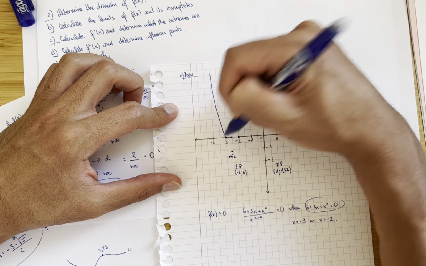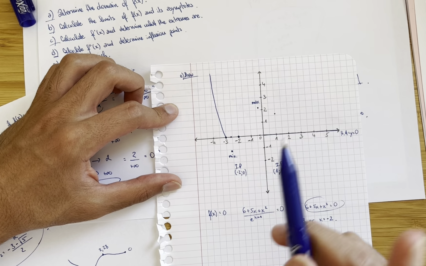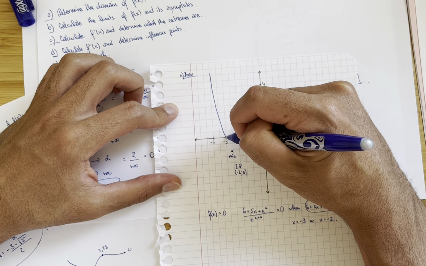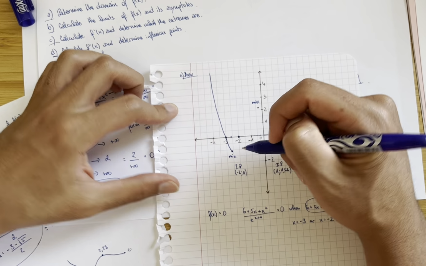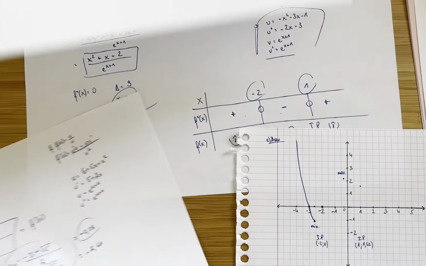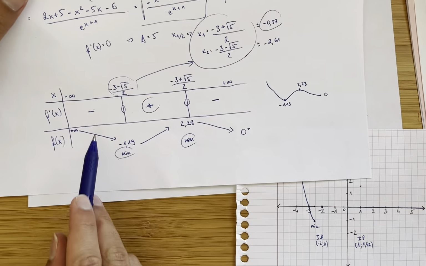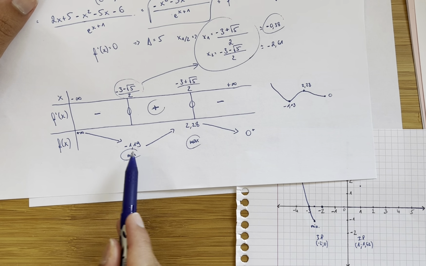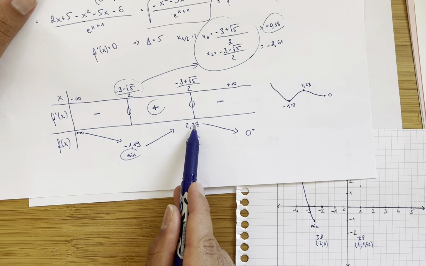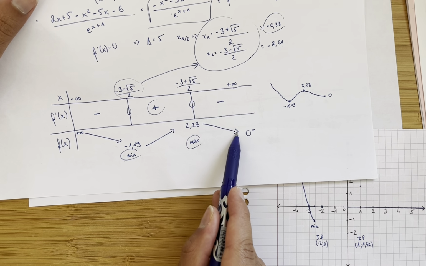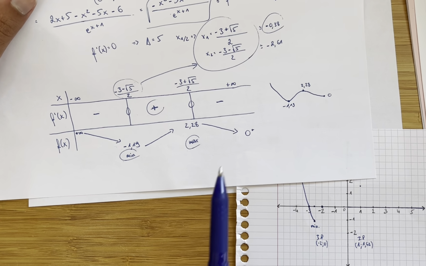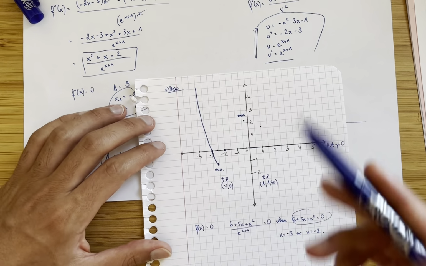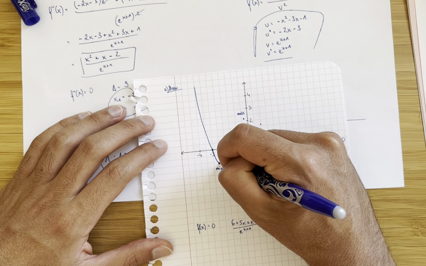It goes through minus 3 until the minimum. After reaching the minimum, as we found out in our first derivative, it will once again rise to the maximum, 2.28, and then go until 0, without ever touching 0 because of the asymptote, right? So it will once again go up.